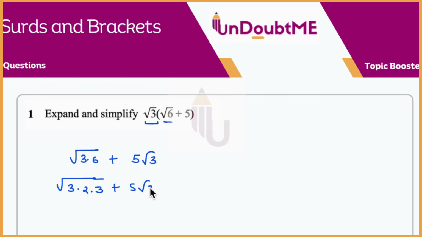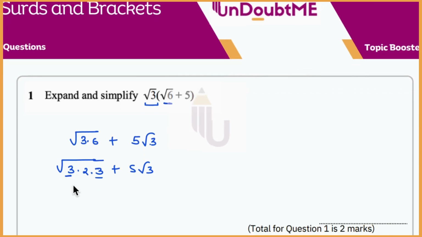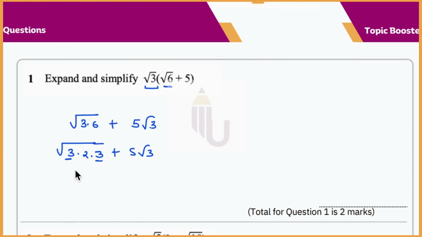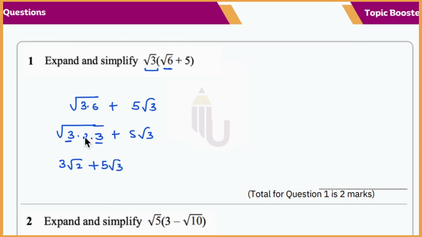And 5 root 3 will be as it is. 3 and 3 will be 9, so 9 root 2 plus 3 and 3 will be just 3. So 3 root 2 plus 5 root 3. Over here we just pair them up, and from a pair one number comes out. This is how it works. There was a pair of 3, so that's why 3 came out, and 3 root 2 plus 5 root 3, that will be the answer.